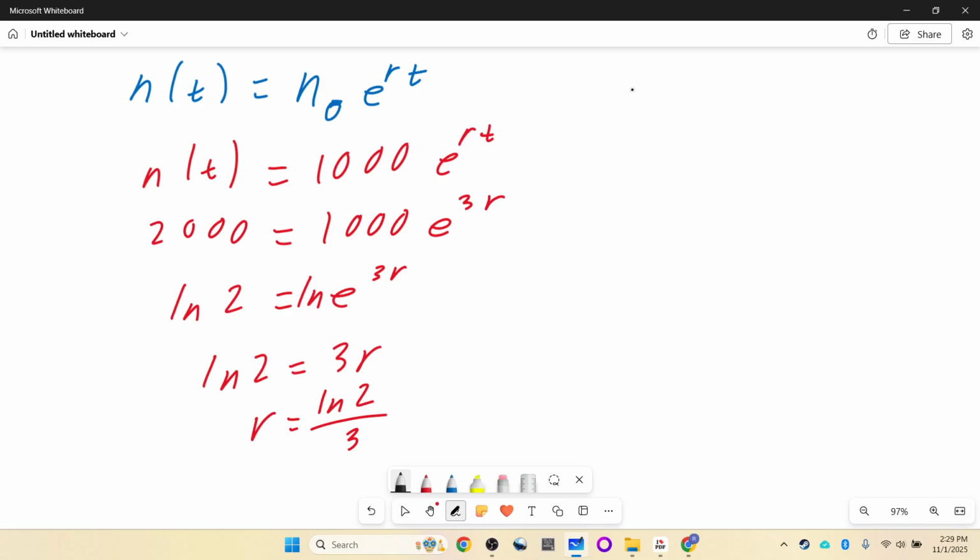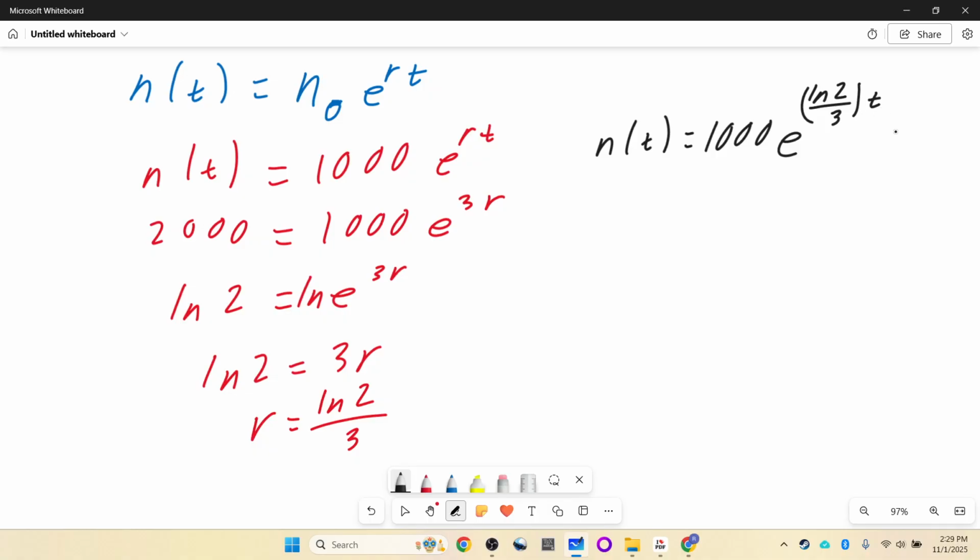So our model could be written then as N of t is 1,000 e to the natural log 2 over 3 t. So natural log 2 over 3 is the r. It's the rate. That's one way to write it. Now, there is a second way you could do this.